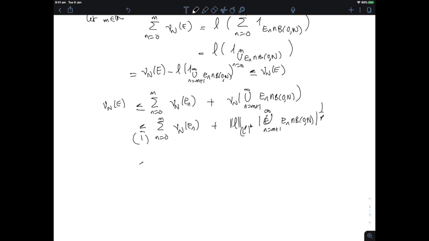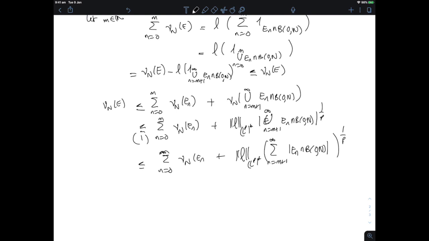But the Lebesgue measure is a measure, and the E_n are disjoint. So what I have here is really the sum from n equals m plus 1 to infinity of the Lebesgue measure of E_n intersected with the ball B(0, n), and all of that raised to the power 1 upon p.